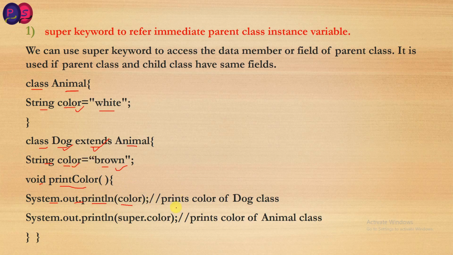So it prints the color of the Dog class. And if I say System.out.println(super.color), it will print the color of the Animal class, means the color variable value in the Animal class.